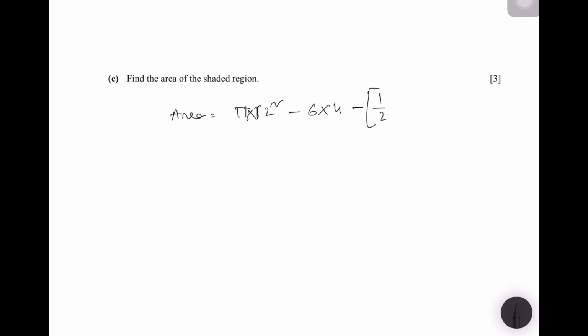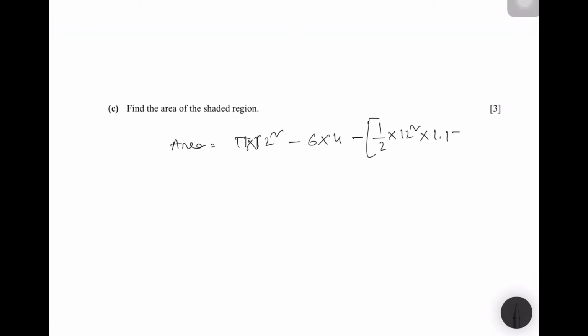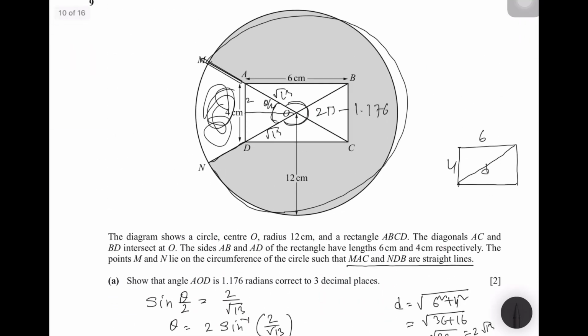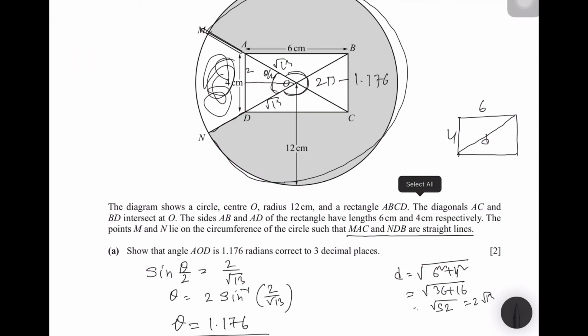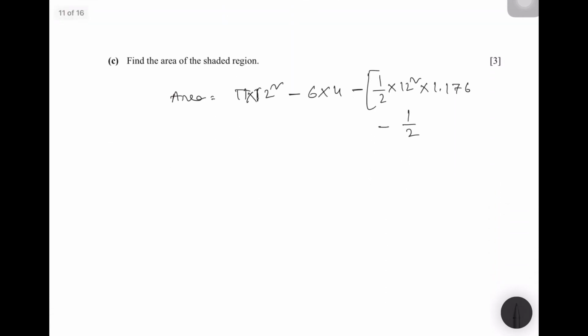Area of sector is half r square theta, 12 square, theta is 1.176, minus area of triangle, half AB sin theta, half root over 13 square, root over 13 sine 1.176.